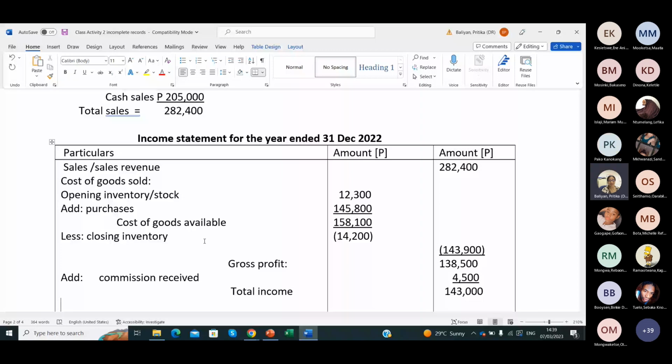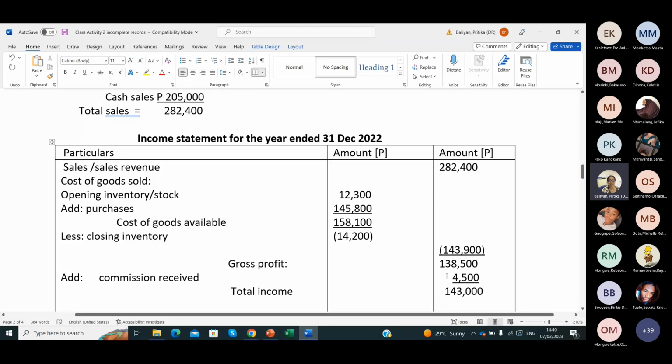Then the cost of goods sold is 143,900. Then we subtract 143,900 from the sales to get the gross profit. So the gross profit of the year is 138,500.